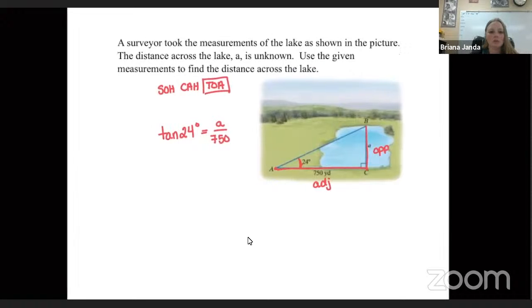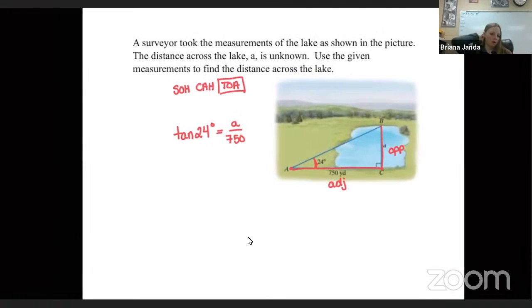And so we just need to remember our process. Am I multiplying or dividing on this one? And as always with your fractions, start by multiplying by what's on the bottom, and that's going to be our only step needed on this one. So now in my calculator, I'm typing in 750 times tangent of 24.